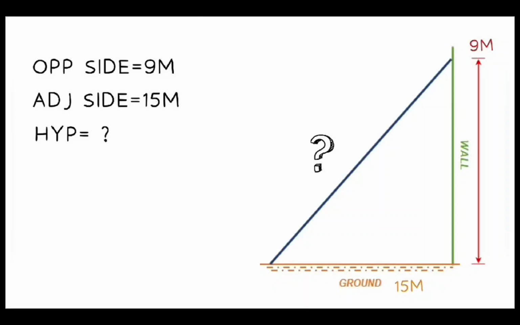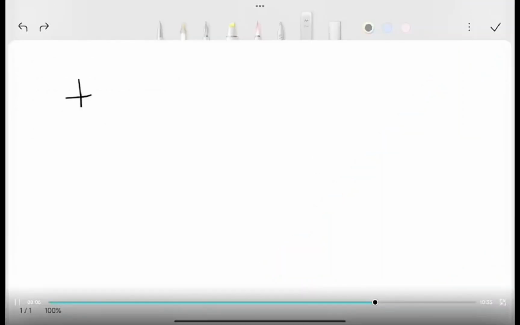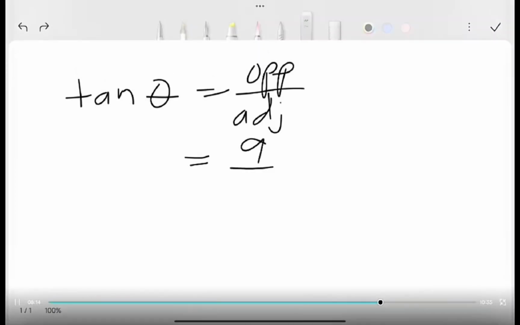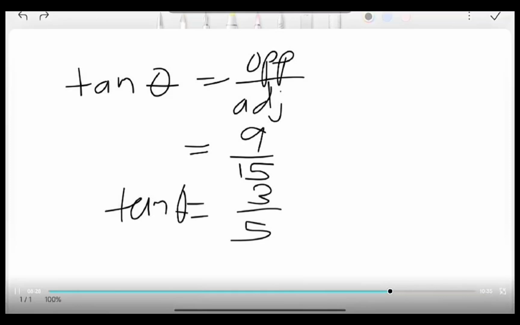Let us first find the values of tangent and cotangent. We know that tangent theta is equal to opposite over adjacent. In the problem, our opposite is 9 and our adjacent is 15. We simplify this by dividing both by 3, since they're both divisible by 3. So our tangent theta is equal to 3 over 5.